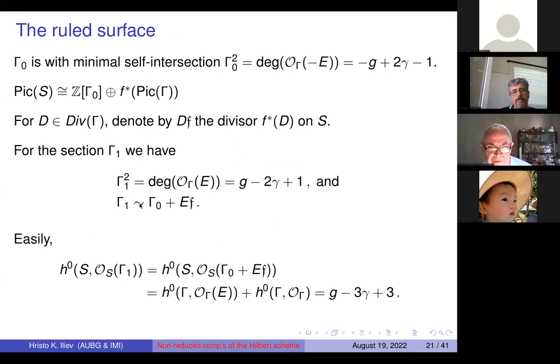Further on, let me mention a few things about root surfaces. The Picard group of the root surface is generated by gamma naught and the pullbacks of the divisors on gamma.